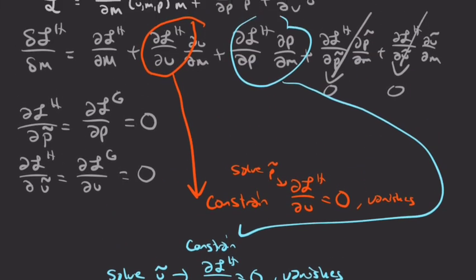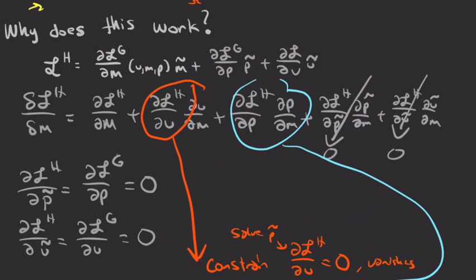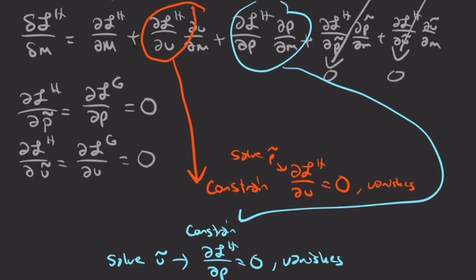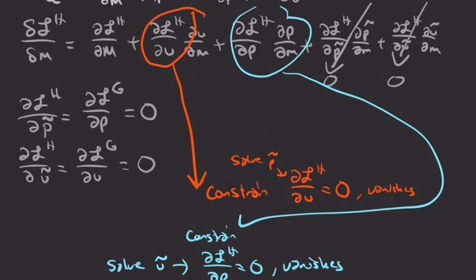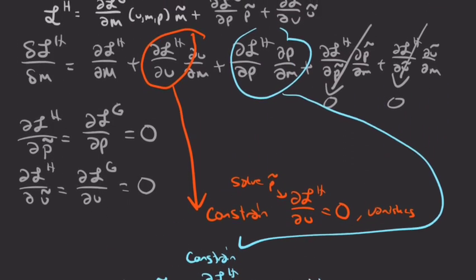So this is just to show you that these are the right equations. These two constraints are precisely what we need for everything to work out properly with the proper cancellation.